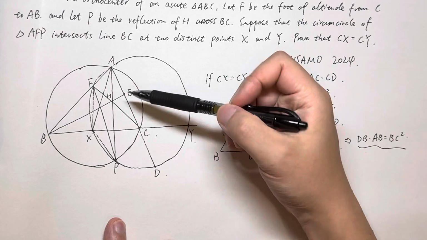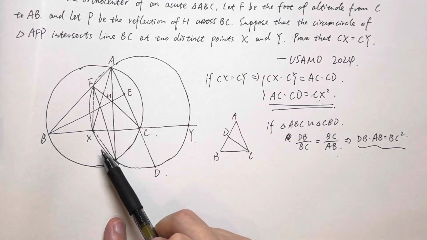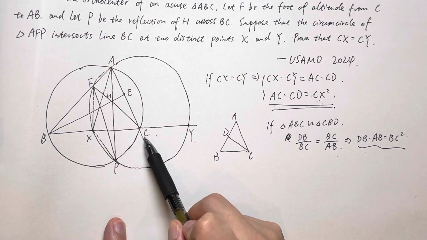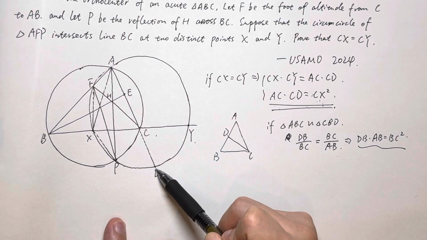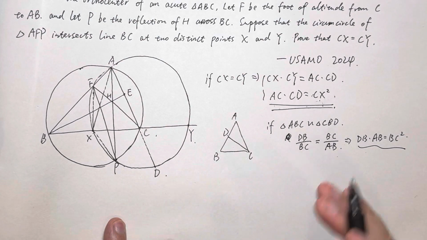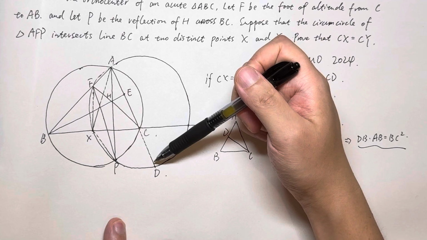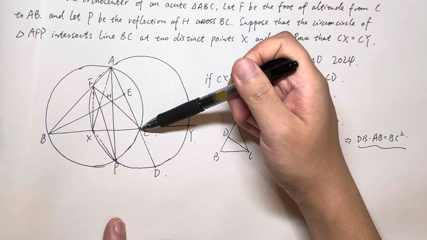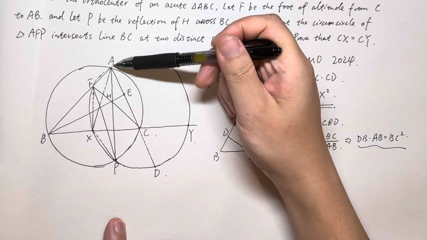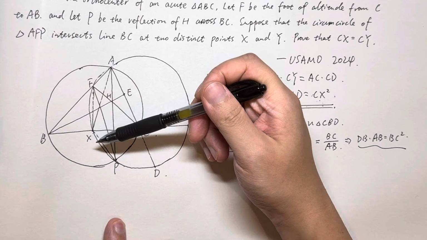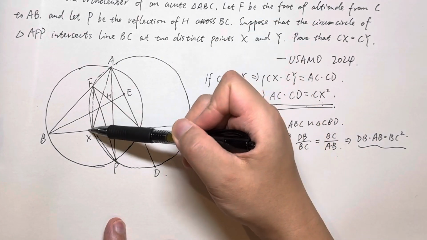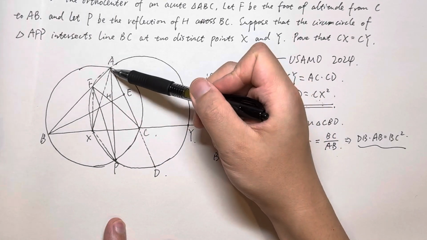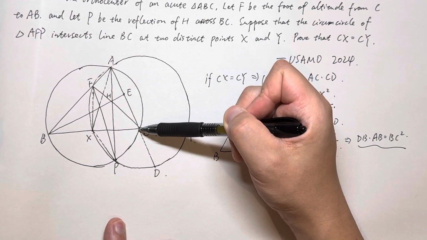Just a brainstorm, if they are the same, then that means EC equals CD, XC equals CY, which means XEYD is a parallelogram. If that is true, then we know CD times AC equals EC times AC, which directly gives that triangle XEC is similar to triangle XAC.